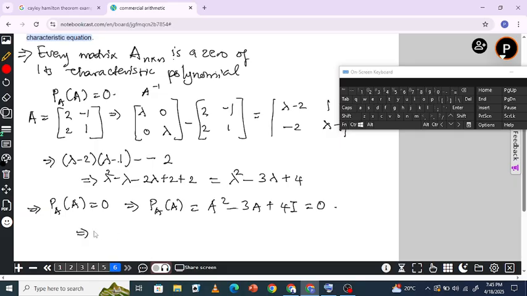And now we are asked to get A inverse. We will pre-multiply both sides with the inverse. We will have A inverse times A squared minus 3A plus 4I is equal to A inverse times 0.